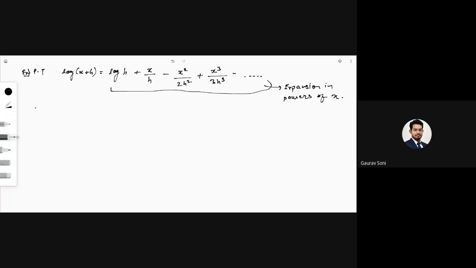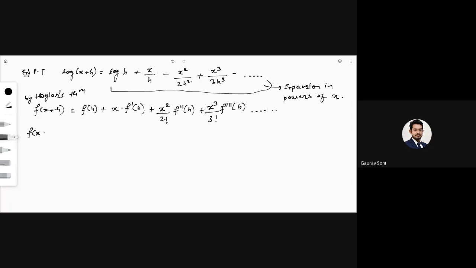So if I have f of x plus h, then by Taylor's theorem, f of x plus h is equal to f of h plus x into f dash of h. How many terms do I have to do? I have to do 3 terms in order to show the above given expression. x square by 2 factorial f double dash of h plus x cube divided by 3 factorial f triple dash of h and so on.